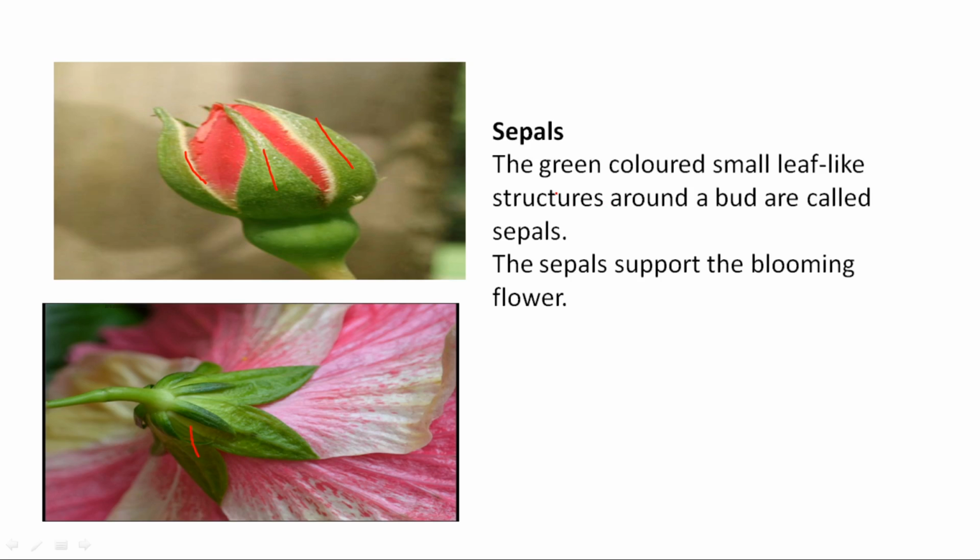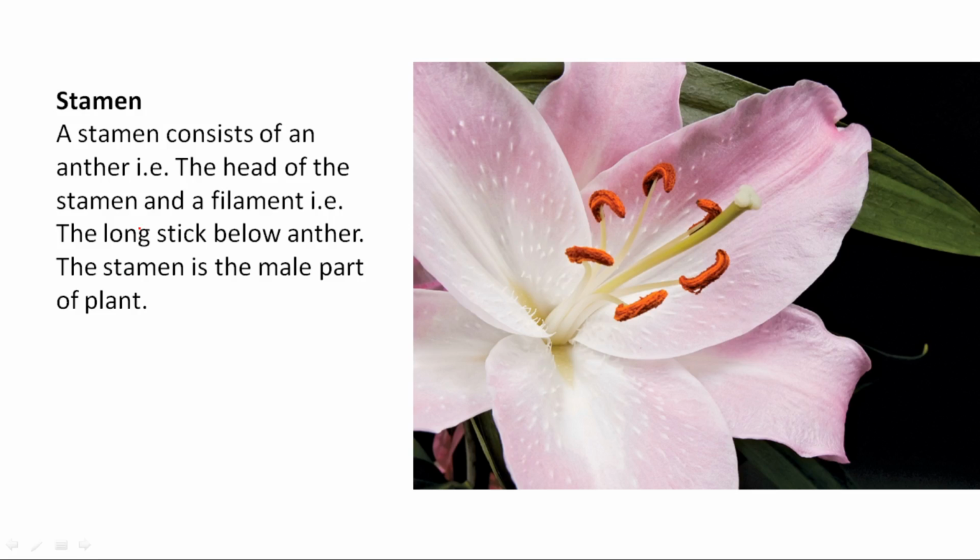The green colored small leaf-like structures around a bud are called sepals. The sepals support the blooming flower.